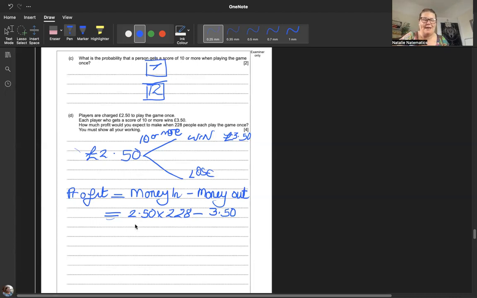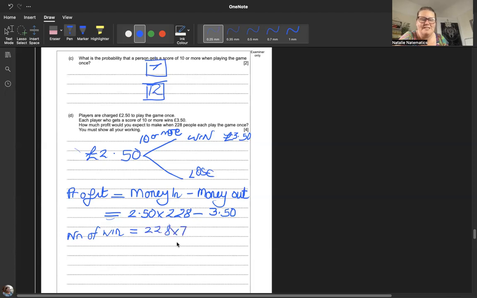So we are going to have, I'm going to write this down here. The number of people that win, number of winners, is equal to 228 times 7/12.